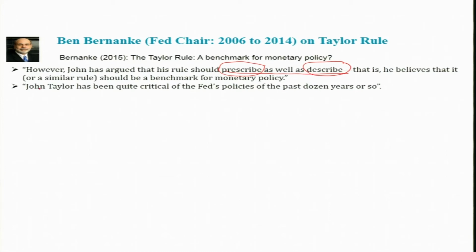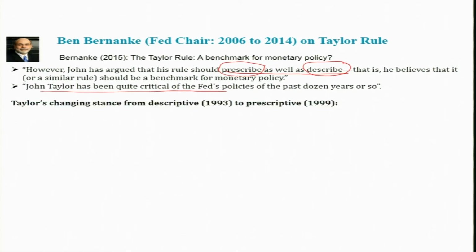According to Ben, John Taylor has been quite critical of Fed policies of the past dozen years or so. He also stated Taylor's changing stance from descriptive to prescriptive. In 1993, when John Taylor's original article was published, it was mostly a descriptive tool.